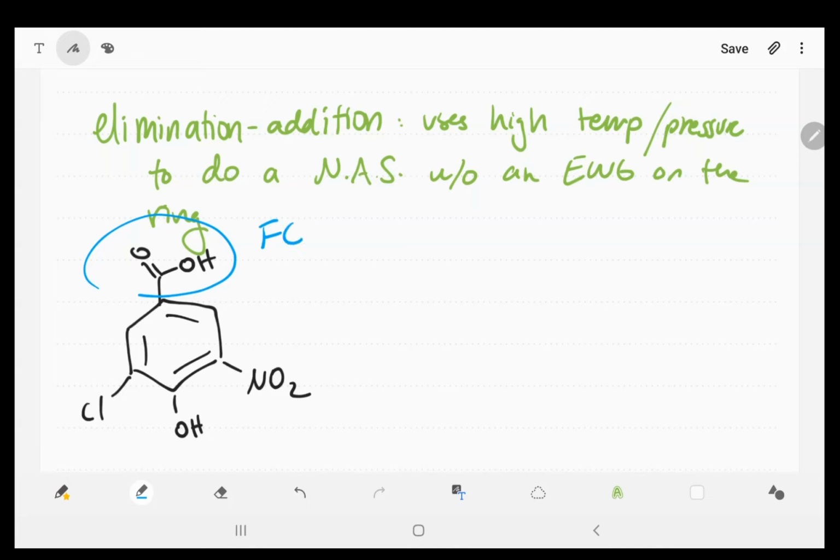Friedel-Crafts, maybe Clemmensen. Depending on what we have on our ring, we may choose to do alkylation, which could save us some steps. Or we can do an acylation and then Clemmensen, that's fine too. And then cleavage, right? Oxidative cleavage.